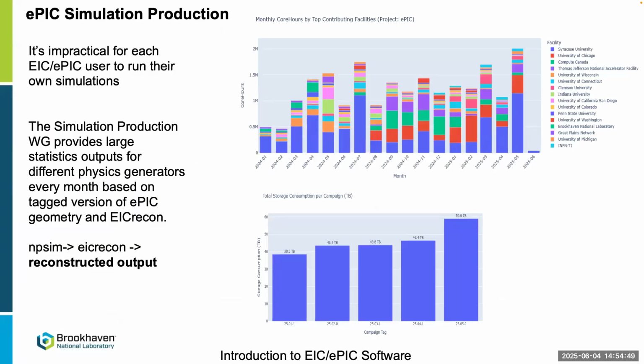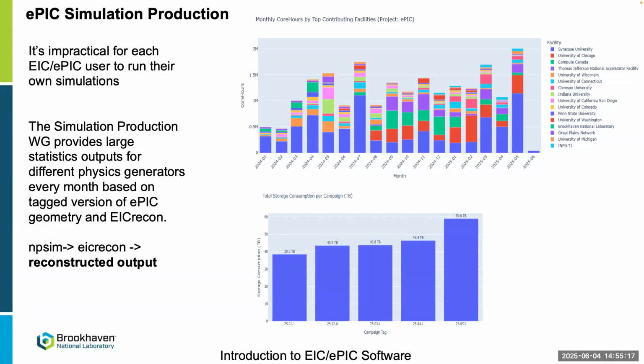So day 3. Let me just give some context here. For most EIC or EPIC users, they don't actually have to run these simulations on their local machine when they're trying to do a physics study or a detector study, because you simply do not have the computational power or the storage to do those on your local machine.